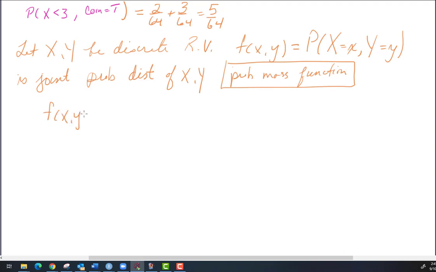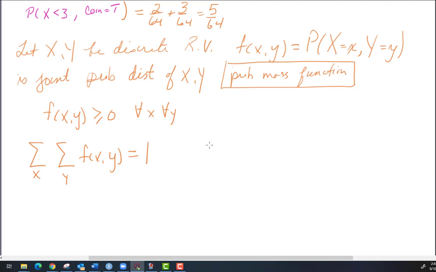First, f of x, y has got to be greater than or equal to 0 for all x, for all y. And second, if I sum over all the x's and sum over all the y's of f of x, y, I've got to get 1.